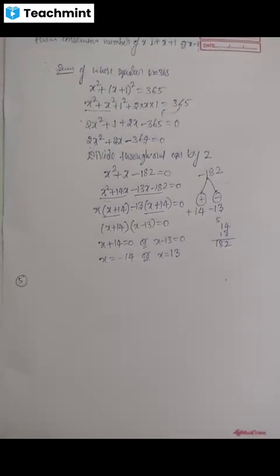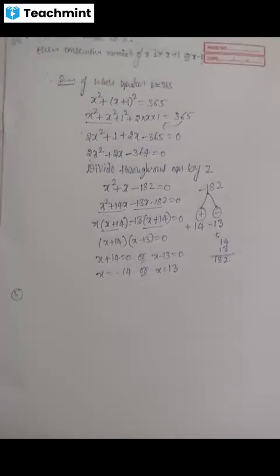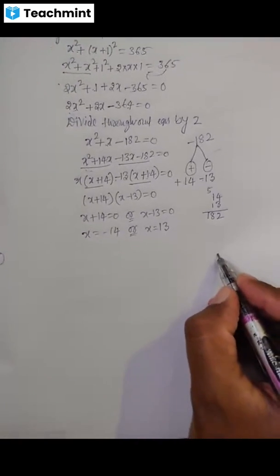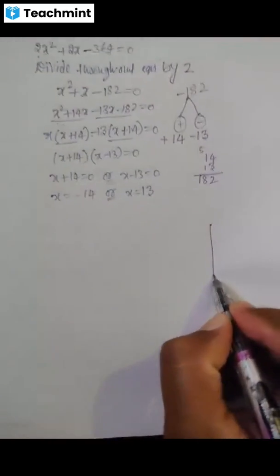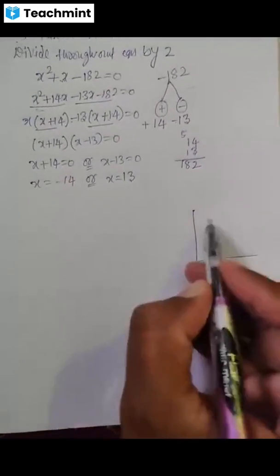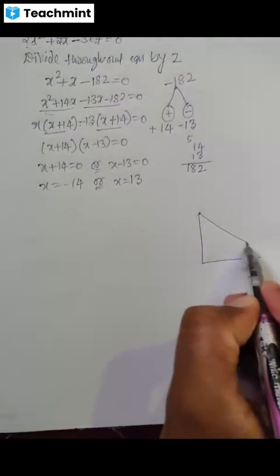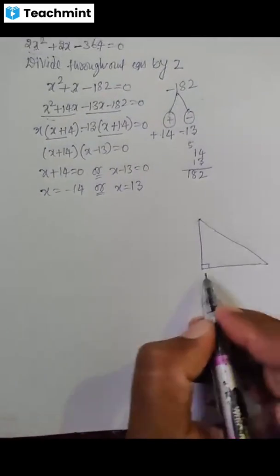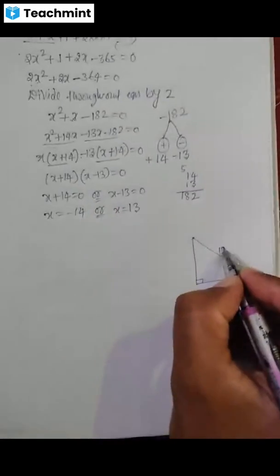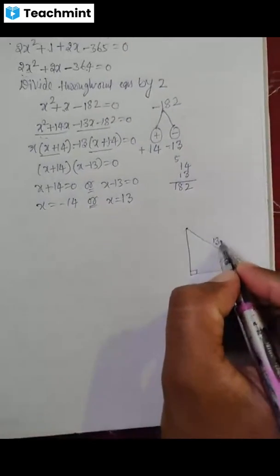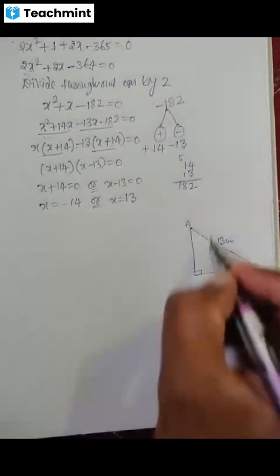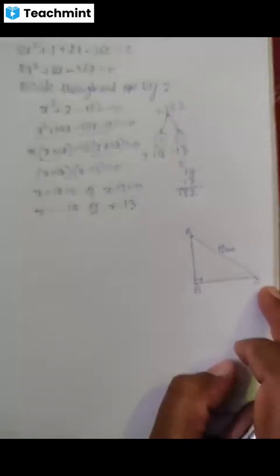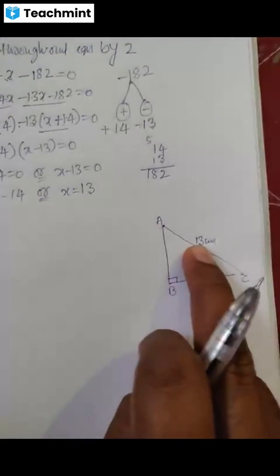How will you find? See here, hypotenuse means the longest side. So they have given that the triangle is a right angle triangle. Hypotenuse is given as 13 centimeter. If I name this triangle ABC, the hypotenuse is 13 centimeter.